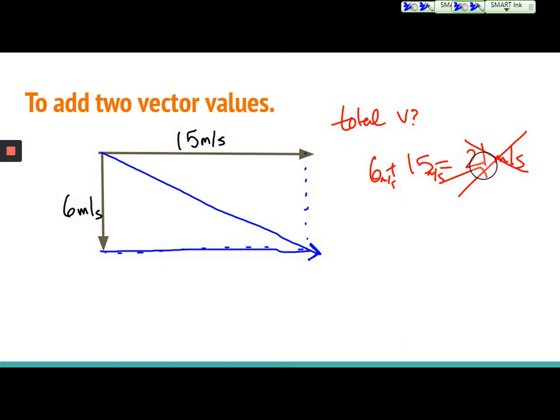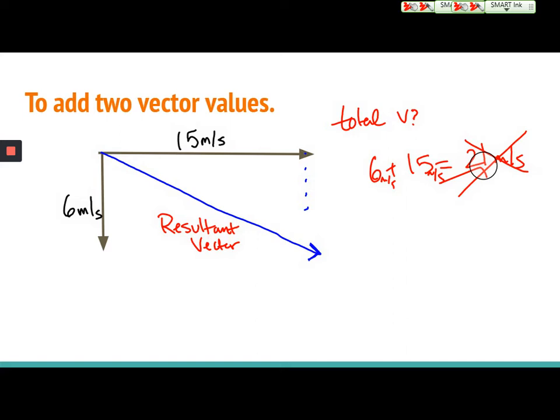It's called adding tip to tail. So we actually would use this magnitude of 6 meters per second and add it to the tip of this one. We'll end up down here. And so this is going to be what we would call my resultant vector, or this is what happens when I add two vectors.